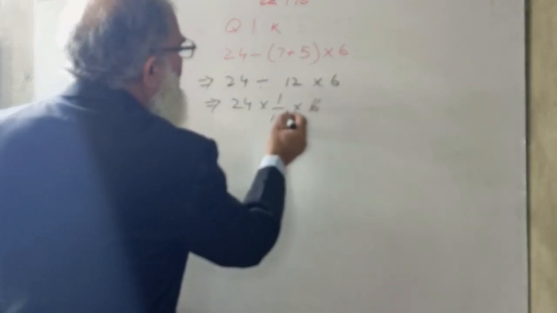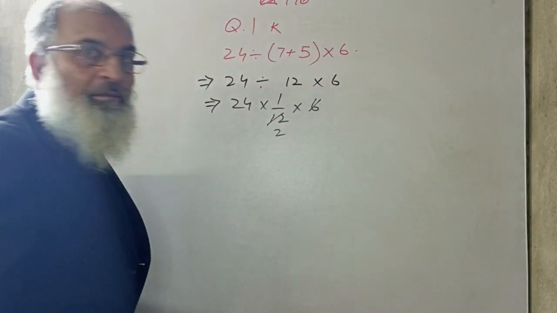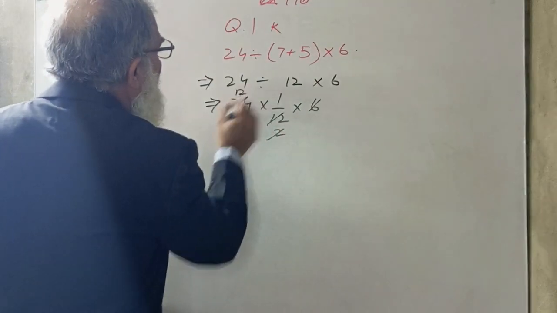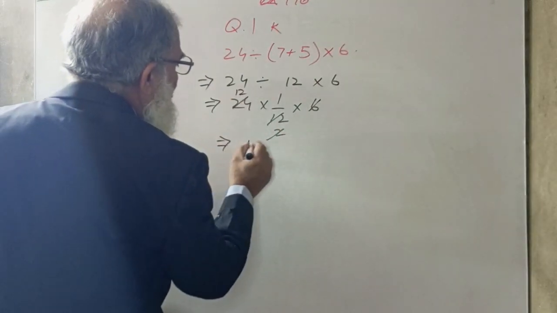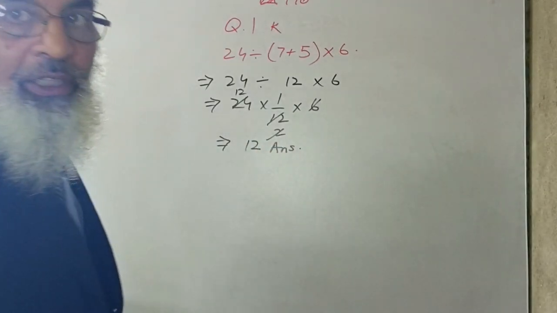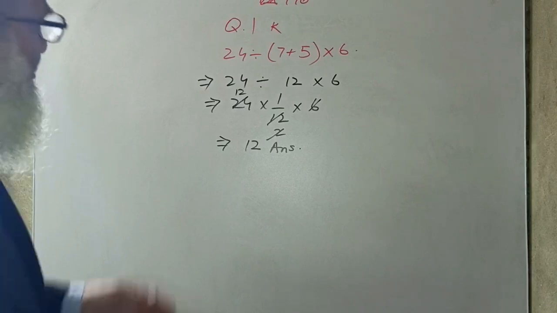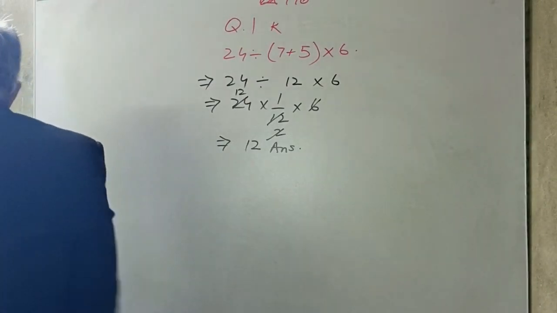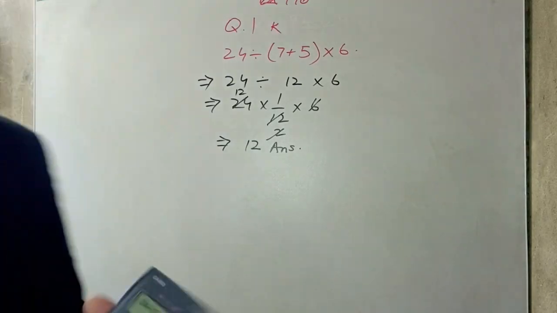So we just simplify it: 12 goes 2 times. Now the answer is 12, as the calculator calculated. It is 12. You can see it once more.